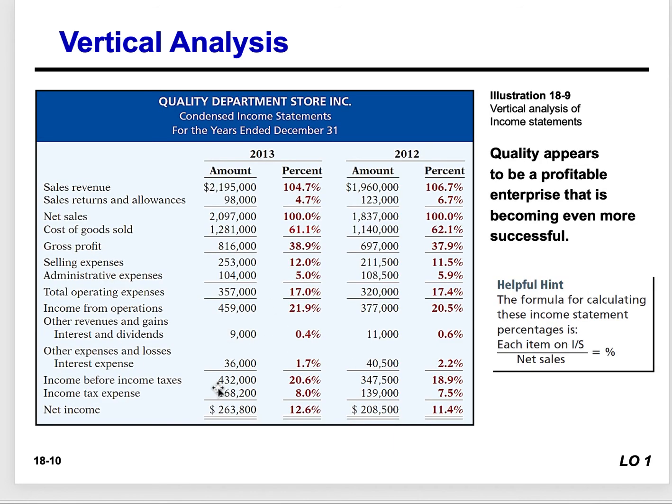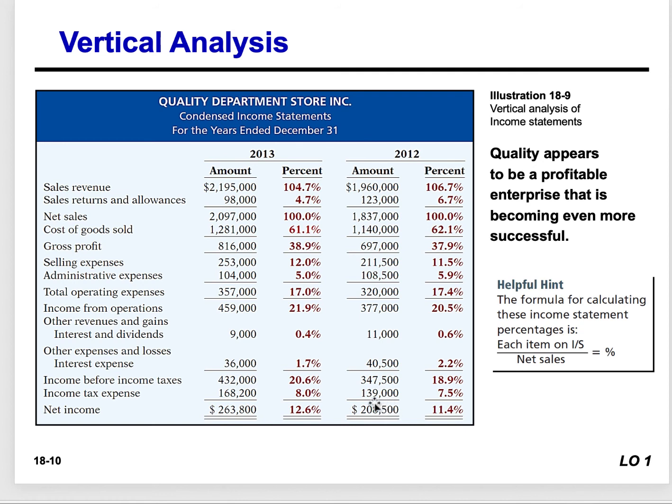The reason why is we could see that, look at our net income. $263,800 divided by net sales $2,097,000 is 12.6%. We could compare that to 2012. Well, in 2012, we're doing vertical analysis.